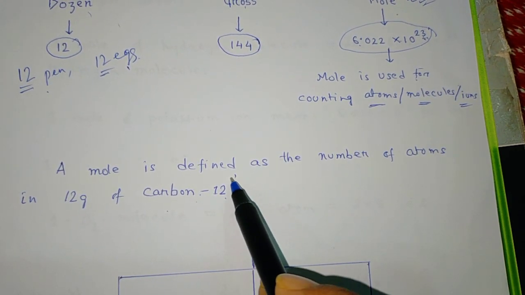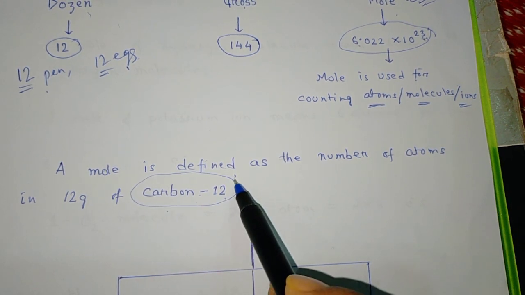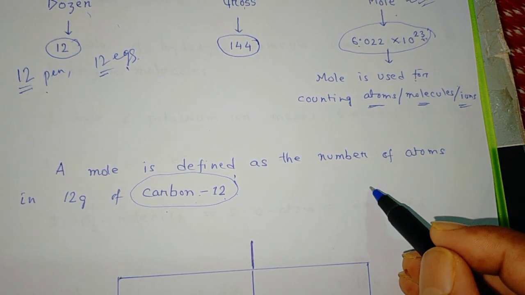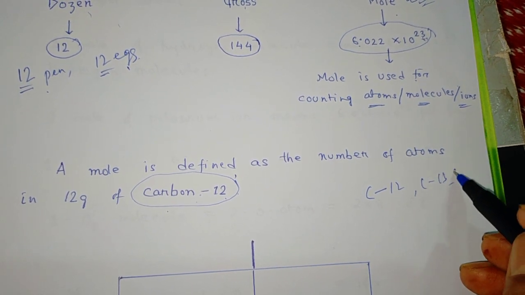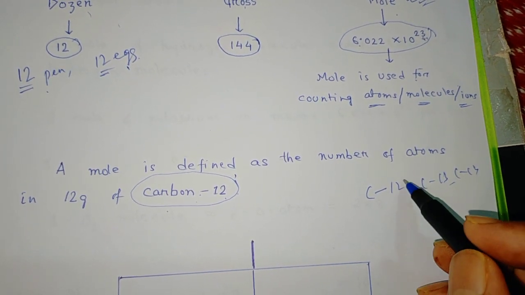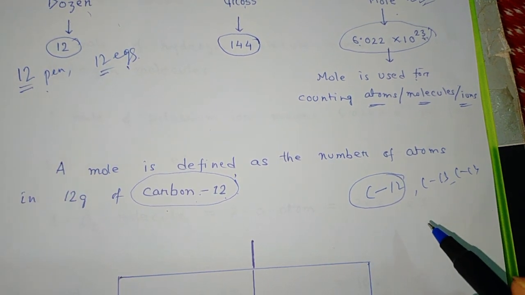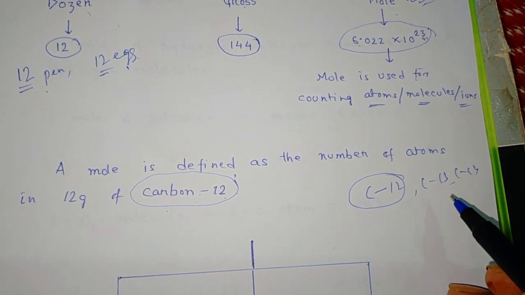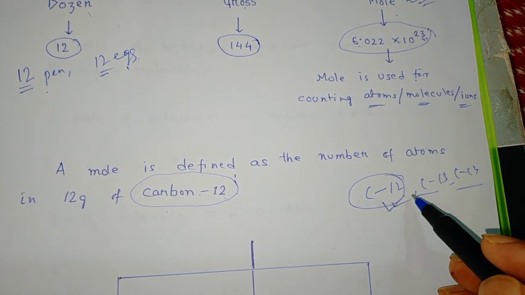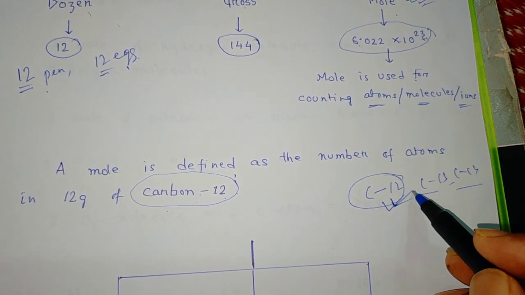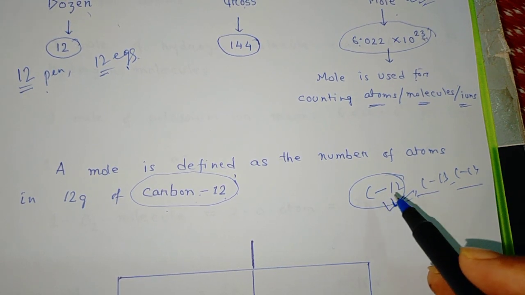You may be confused about carbon-12. Actually, carbon has carbon-12, carbon-13 and carbon-14. Carbon-12 is available in nature in the largest amount, so we have to consider carbon-12.